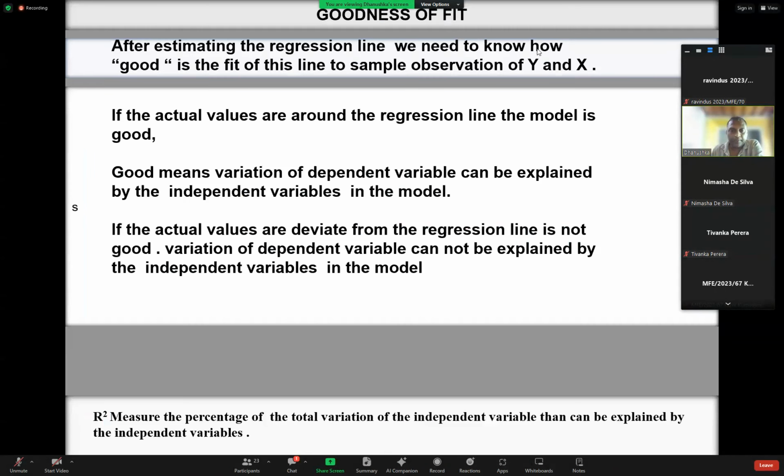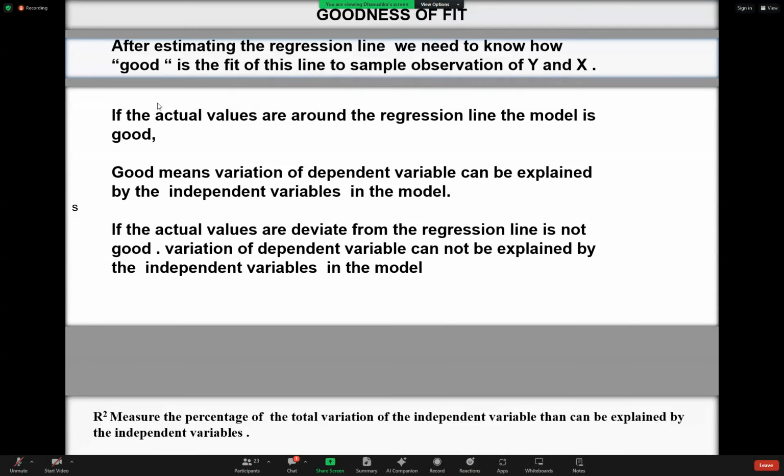Okay, then today our discussion is about goodness of fit. That means once you estimate a regression model, you have to test whether the model is good or bad. To test goodness of fit, we have one indicator called R square.